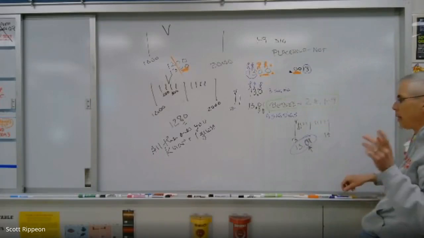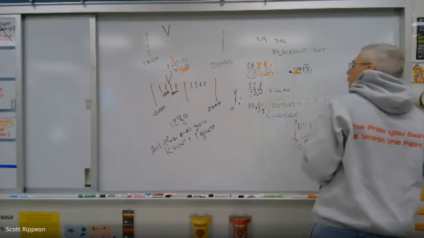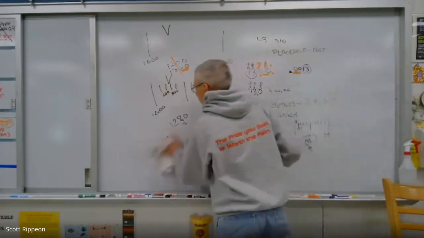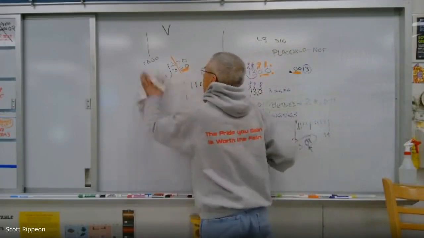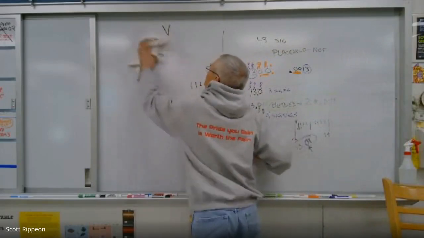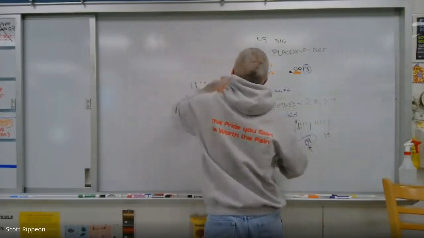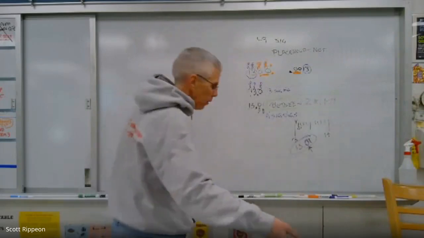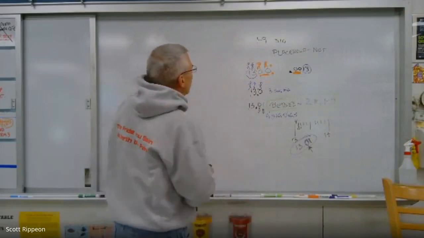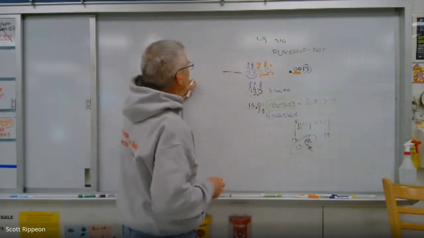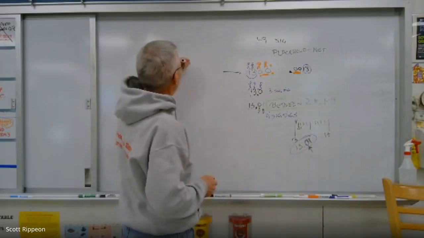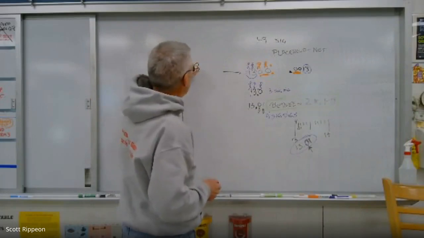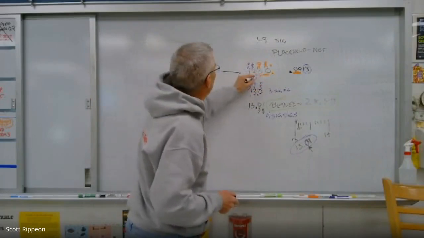Now, next piece of this. There's a better way. You might be familiar with scientific notation. If I were going to write that, I would write 1.3, and then I move the decimal 1, 2, 3 spaces.